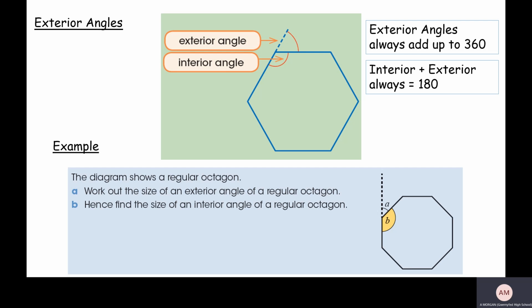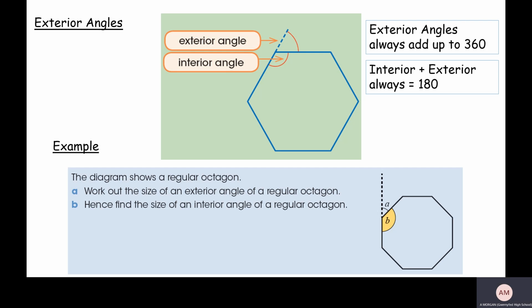So that means that on the example diagram, which has got 6 sides, it's got 6 exterior angles, and they are going to add up to 360. And if it's a regular polygon, you can divide 360 by however many sides or however many angles to find out your exterior angle. So let's have a look at an example of that in action.